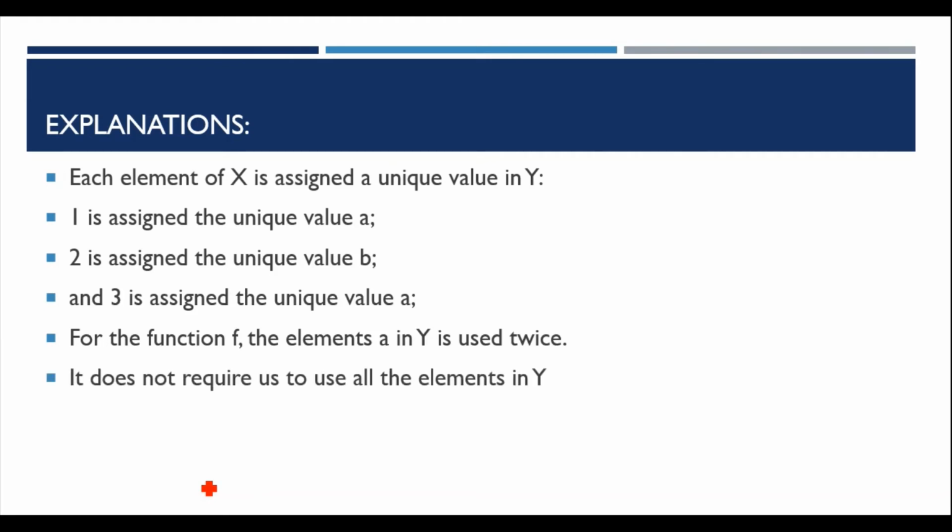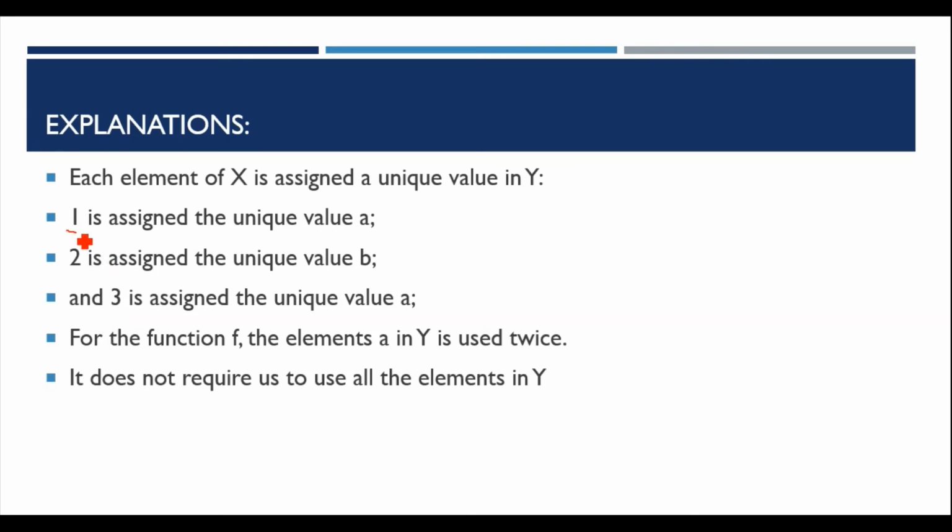But take note that it does not require us to use all the elements in Y. So it is not necessary to assign or to use all the elements in Y. Okay, it is not included in the definition of the functions. But provided that all the elements of the domain, meaning for set X, are assigned.